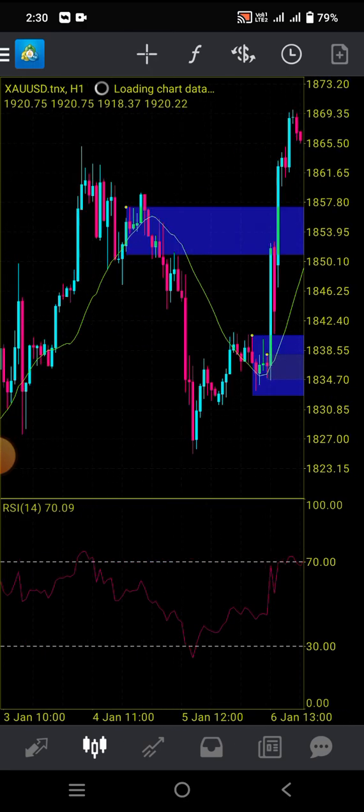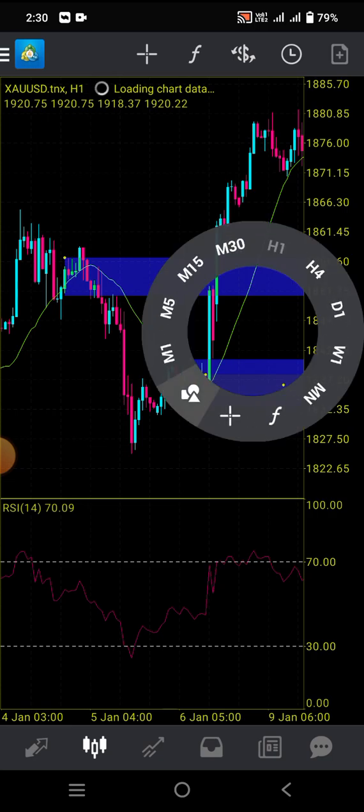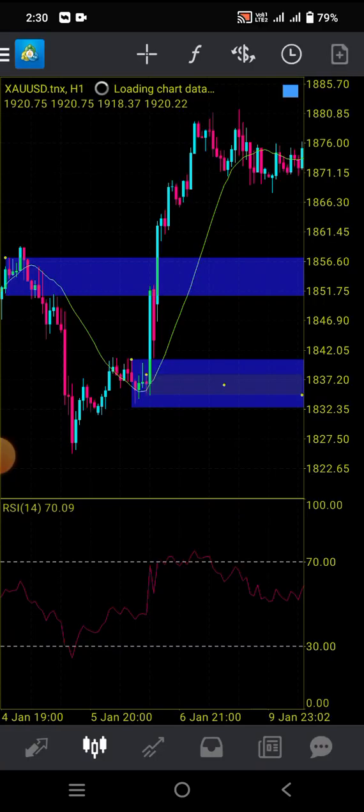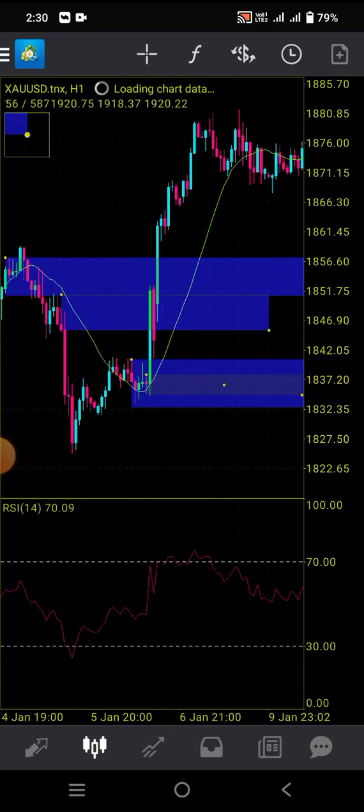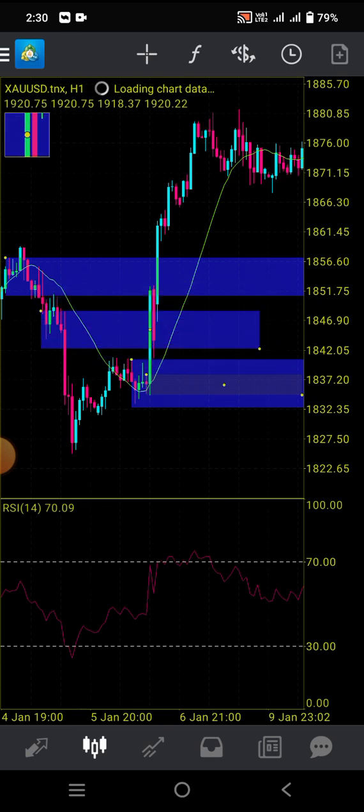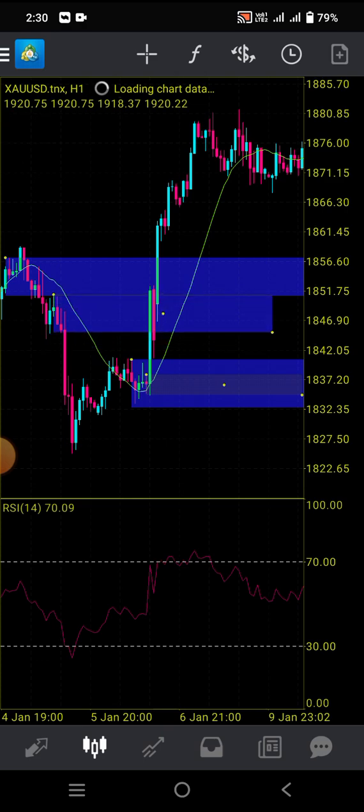And this, as you can see, mark this zone. Mark this engulfing sell fail that meets with engulfing buy. If you mark this and if you mark this, no problem.